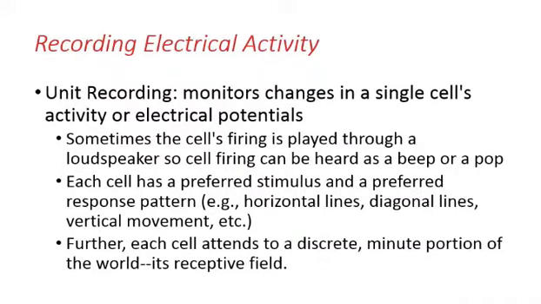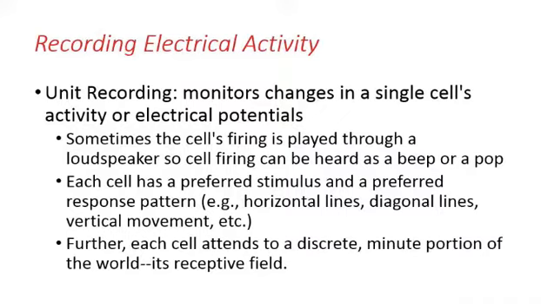And sometimes the cell's firing is played through a loudspeaker, and you can hear the cells firing as little crackles or beeps or pops. And oftentimes neurologists or neurosurgeons use this to localize an electrode when they're doing a surgery on a particular part of the brain. They know that they're in the part of the brain they want to be in when they hear a particular firing pattern of cells from that electrode.